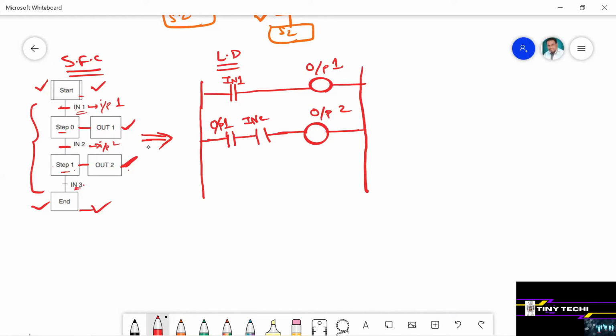Output 1, input 2 and output 2, here we are writing. So this is the equivalent ladder diagram for the sequential function chart.